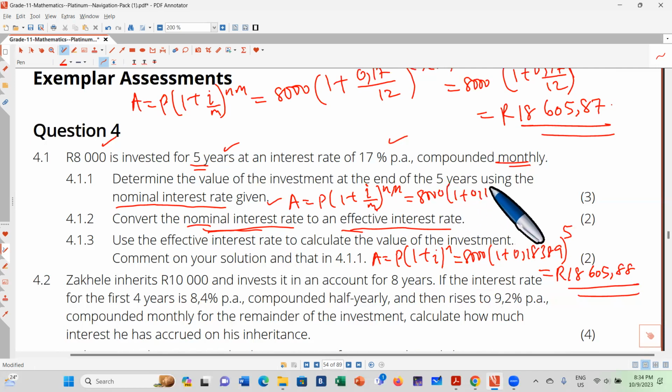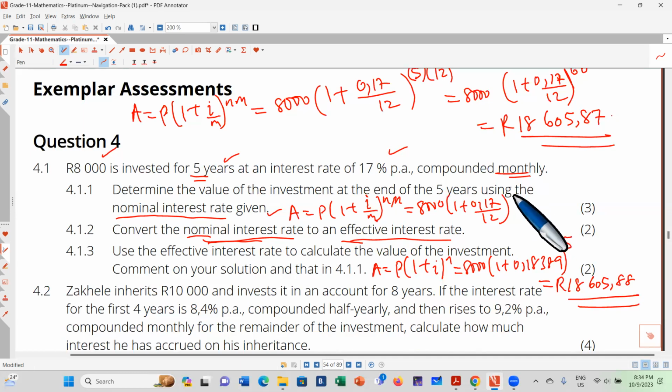So you have 8,000 and this one divided by 12, to the power 5 times 12, which is 18,605.87. Okay, that's what we get.